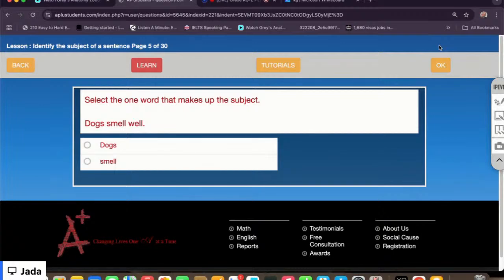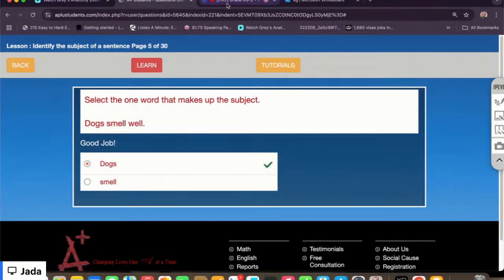What will be the correct answer here? So what's the right answer? So dogs, option one, dogs smell well will be dogs.